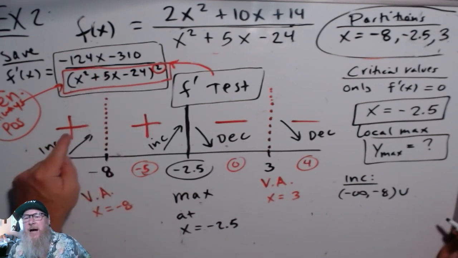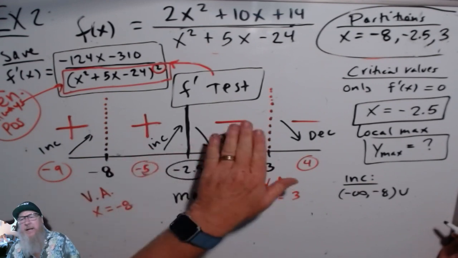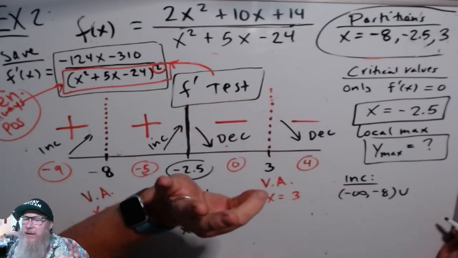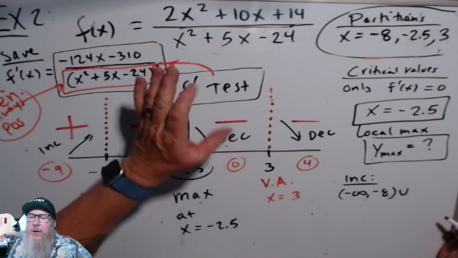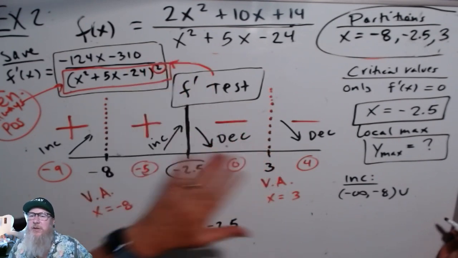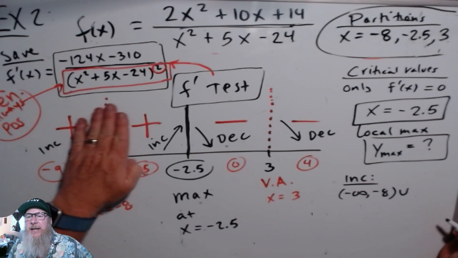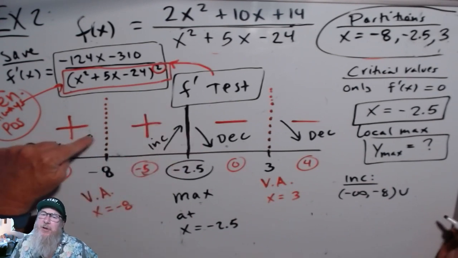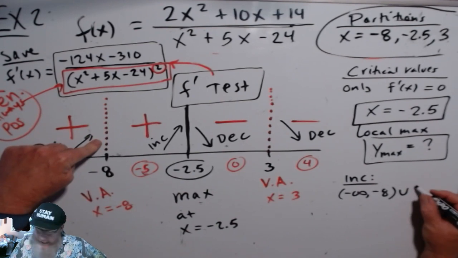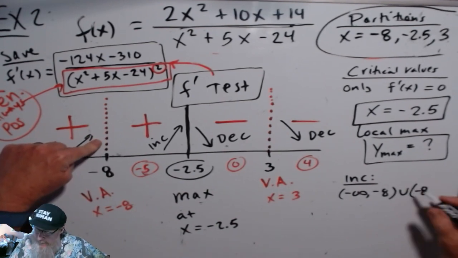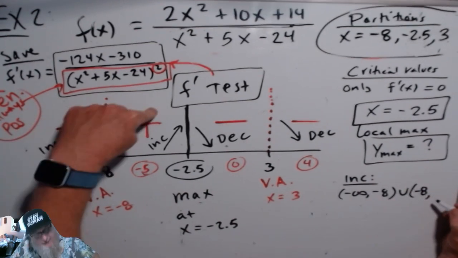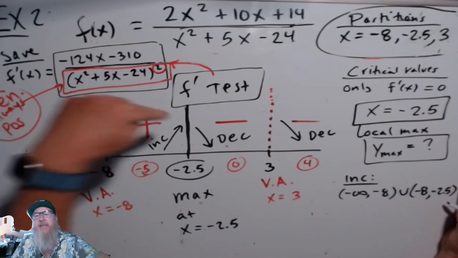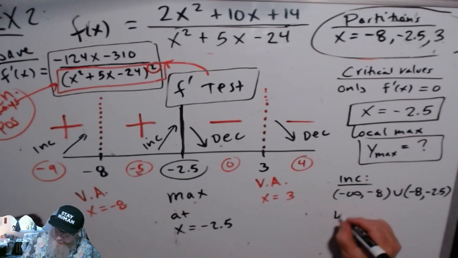If it goes positive, positive, or negative, negative, and it's a solid line, it means that it's a critical value. It's not an asymptote. Then you don't have to use the union. You could just say negative infinity all the way to negative 2.5. But the union is required here. I like to think of it as jumping over the asymptote to get to the other side. You can't get across an asymptote without a union.